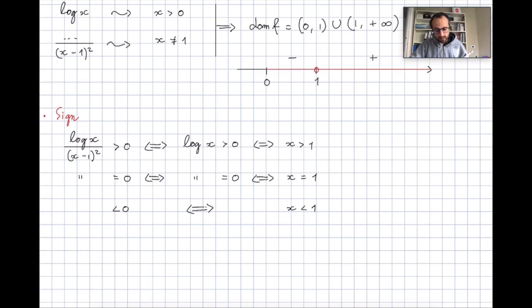If we are careful, you notice that what we got here, x equals 1, is not in the domain of f. So this is just a double check we are doing, and this case is not applicable because it's not in the domain. We should not consider this case at all. Okay, so the sign is done.